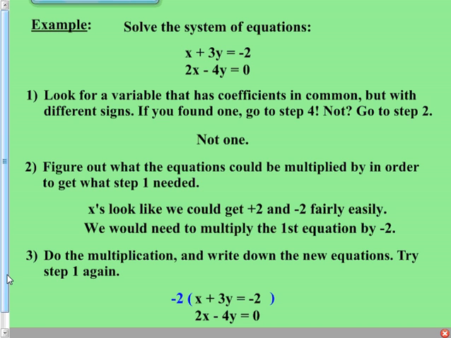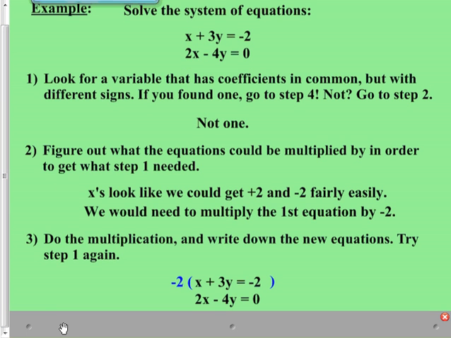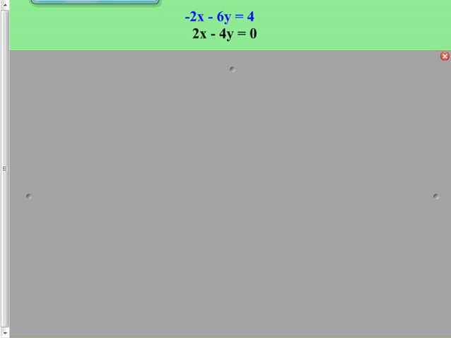Okay, so if we multiply the first equation by -2, and leave the second equation alone, we will get this. We get -2x minus 6y equals 4. We left the second equation alone.